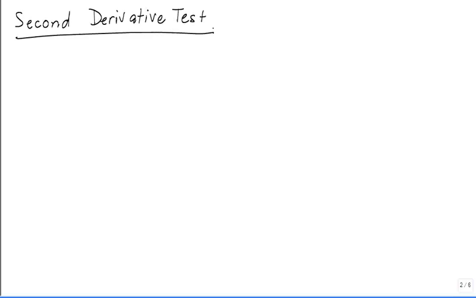There's another way to tell whether points are maxes or mins, and that's by the second derivative test. f double prime has to be continuous near the point C, and C is a critical point.